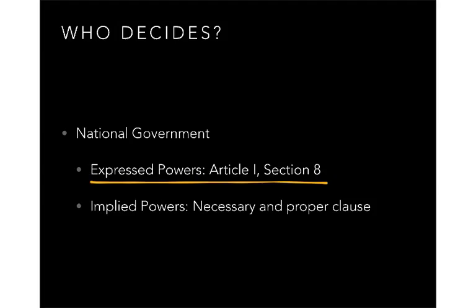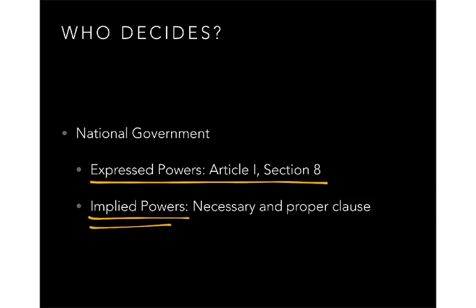There's another set of powers, though, that Congress will get, and we call these implied powers. And remember we talked in the Constitution about that last phrase, the necessary and proper clause. There was a couple of different views about what the necessary and proper clause meant.